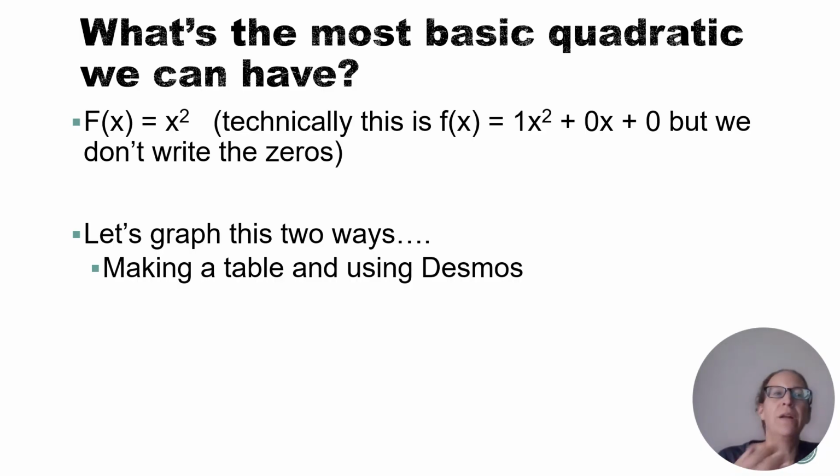They come from picking values and then finding the mapping, and then plotting the points from the mapping. But in terms of efficiency, it's not a very efficient way to graph. So we're really only going to do it this one time and then select it other times when we might be looking for some key points.